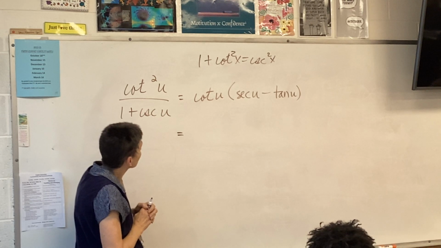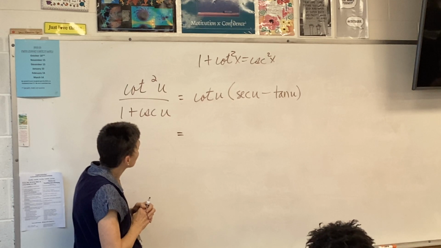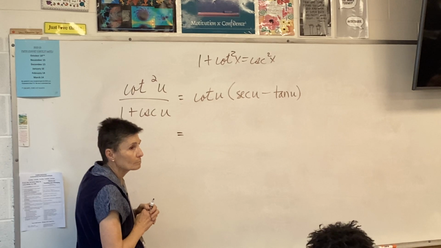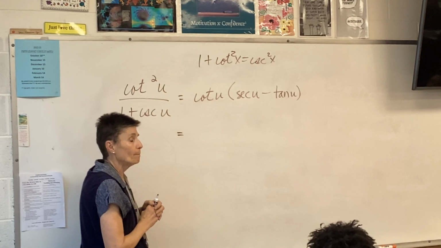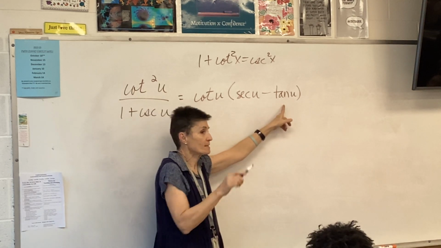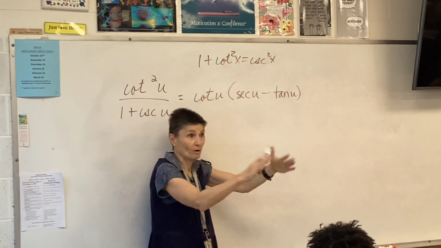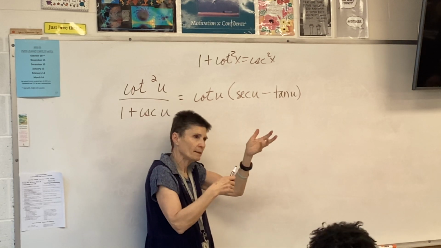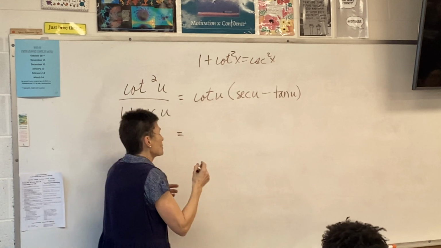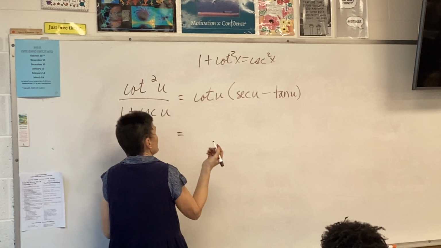You could change your secant into 1 over cosine. But you can change tangent into something else. It could be 1 over cotangent, or what else could it be? Sine over cosine. Okay, so what happens if we do that?